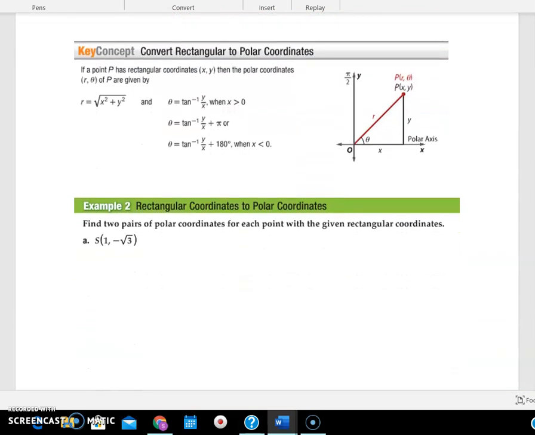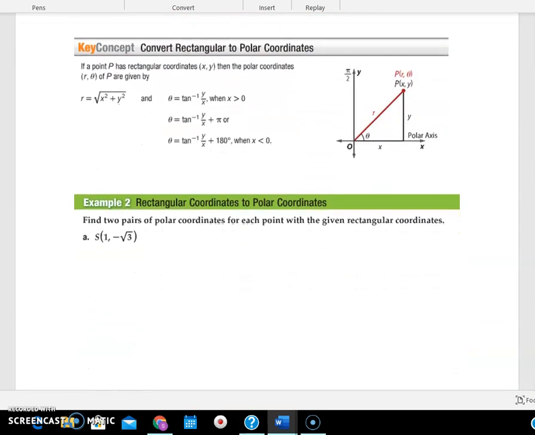All right, so what do I do if I want to go from rectangular to polar? Well, I'm given another set of equations. To find r in my polar equation, I'm going to take the square root of x squared plus y squared, so you might remember that from the unit circle. And then to find theta, I have to look at a couple of different situations.